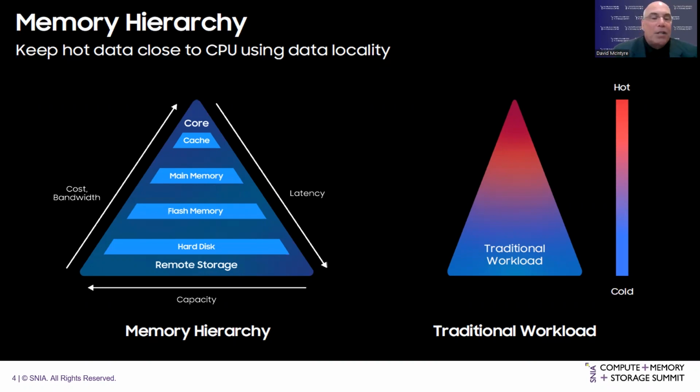But the capacity and the value of that capacity and price per capacity, I suppose, is at the lower levels of that triangle. But you're also paying for extended latency, not just because of the technologies, but because of the physical distance between the core processors and those media resources. So we have a combination of cold data and hot data types that we need to contend with.